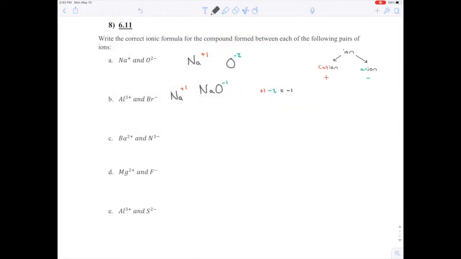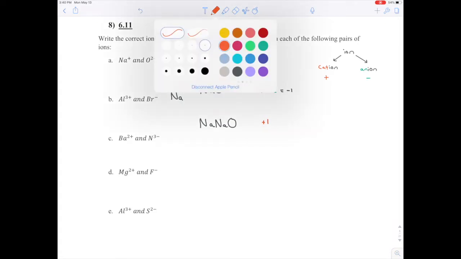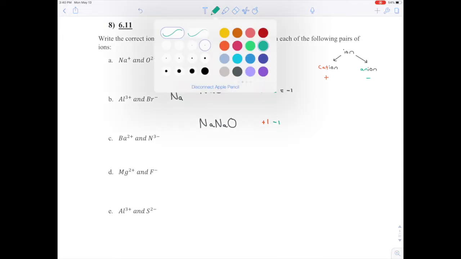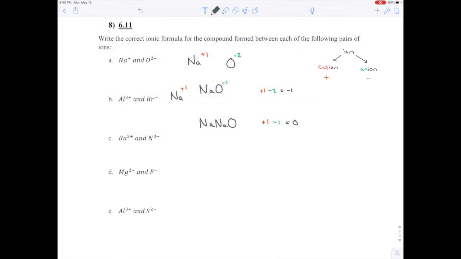So now you would have two sodiums, so it'd be like Na, and O. What's the charge on this? Well, you would take the +1 here, and then the -1 here, and you'd see that the overall charge would be 0 here. Now, there's another thing to note about this.